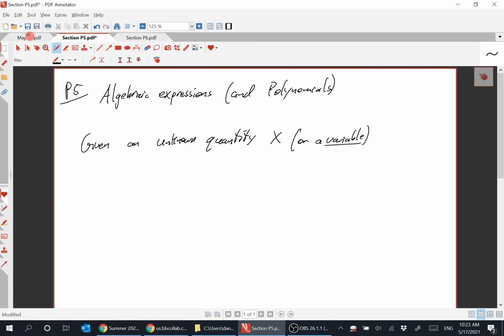So in algebra, they're kind of interchangeable notions.